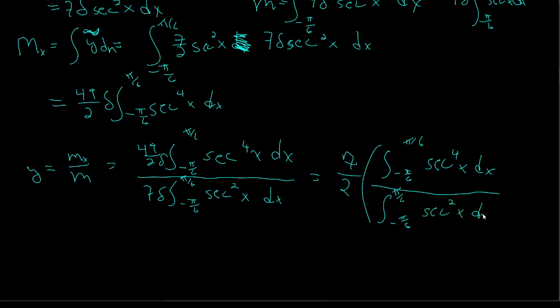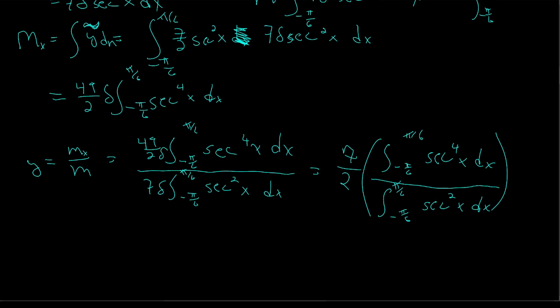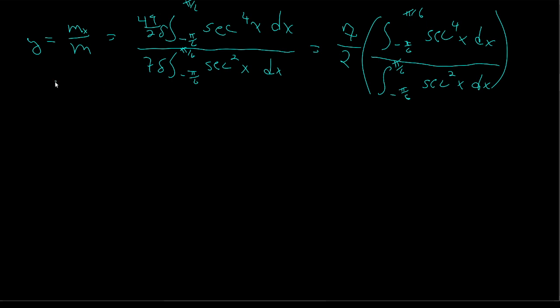Secant squared x dx. Let's make these integrals a little bit doable for us now that we have our setup here. So we get 7 halves. This is an even function, so I can take 2 times the integral from 0 to pi over 6 of secant to the 4th x dx.